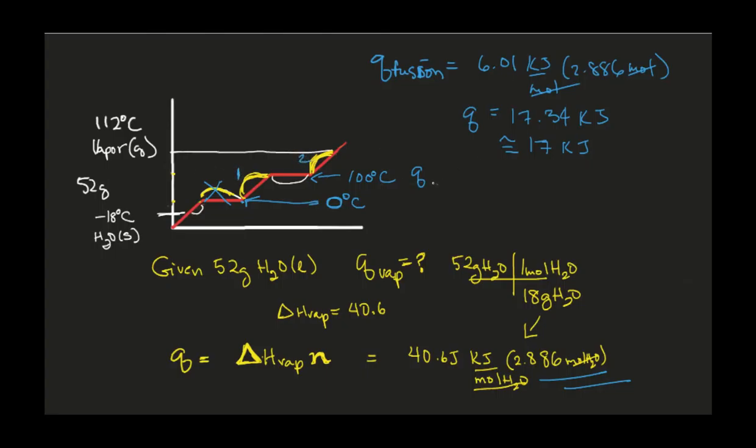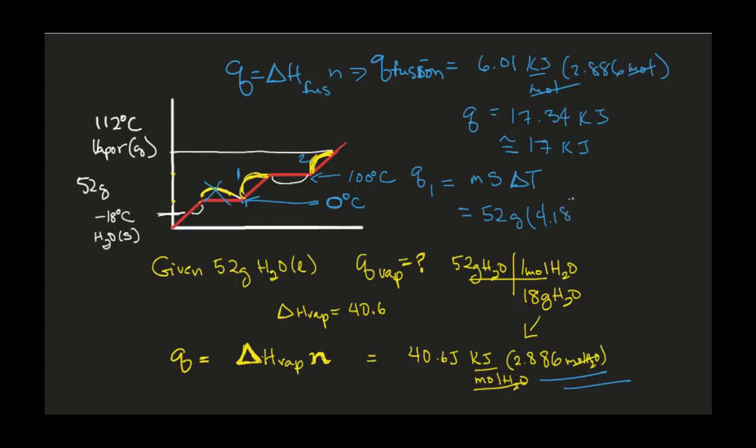So I'll call this region 1, and we can do this as region 2. So Q of 1 would be m s delta T. This one was delta H of fusion times n, which is the formula we use up here. Here we have m s delta T. So the mass was 52 grams.